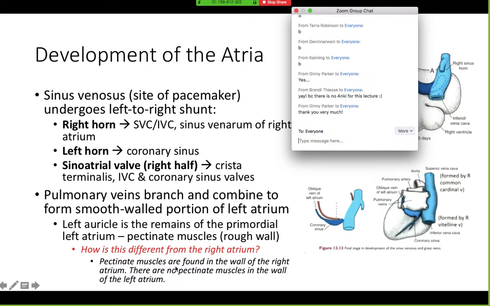And then you have that crista terminalis, which separates the smooth and the rough-walled portion. So in the left atrium, you don't have that. It's all smooth-walled, and that's because it's developed from the endothelial cells of the pulmonary veins branching out here. Okay, so maybe not super high yield, but something to keep in mind.